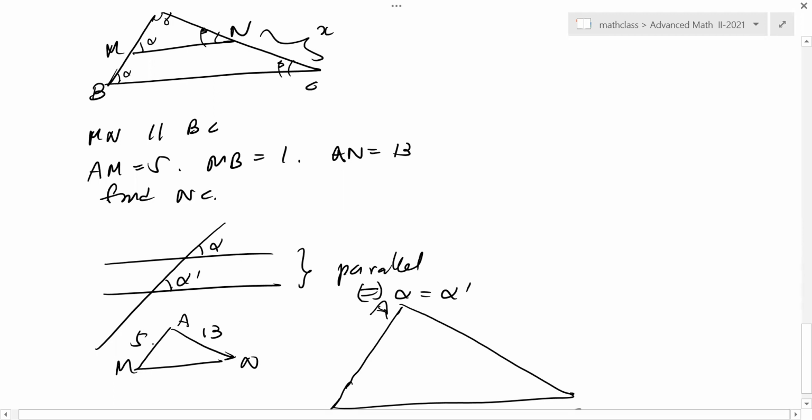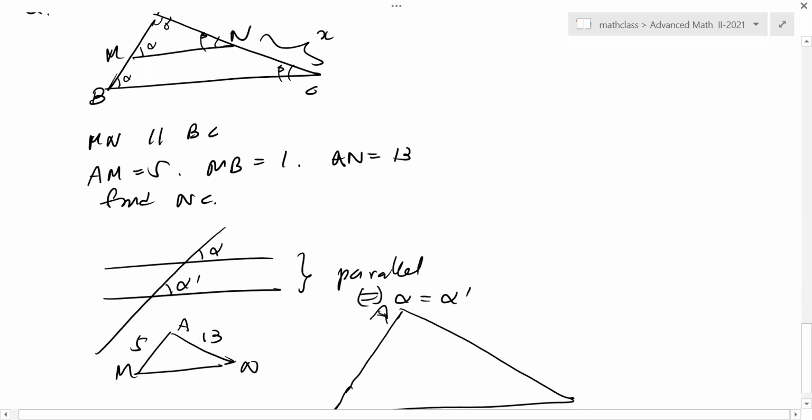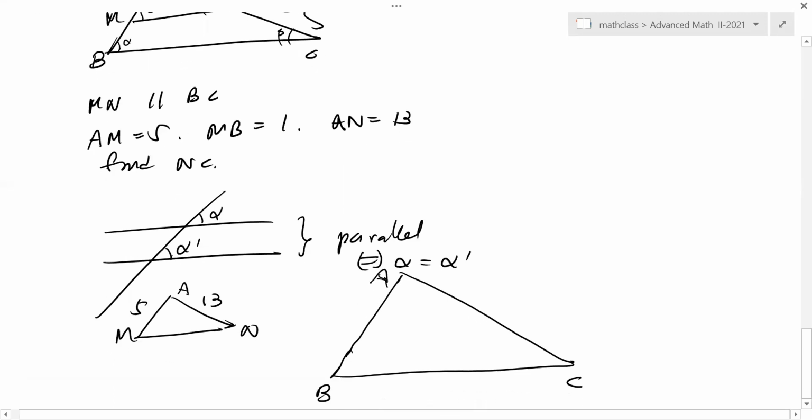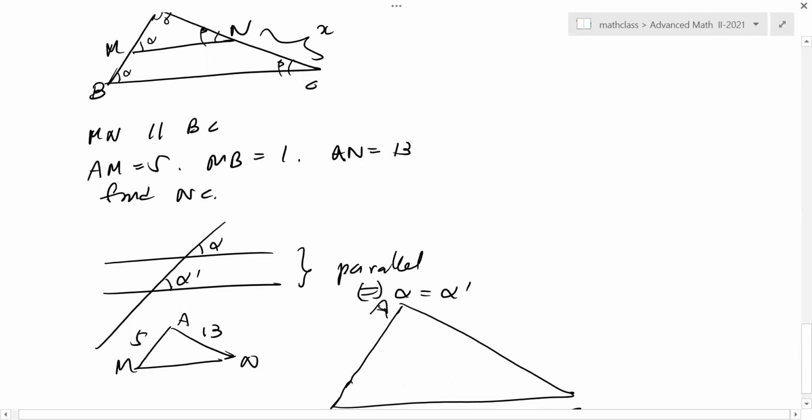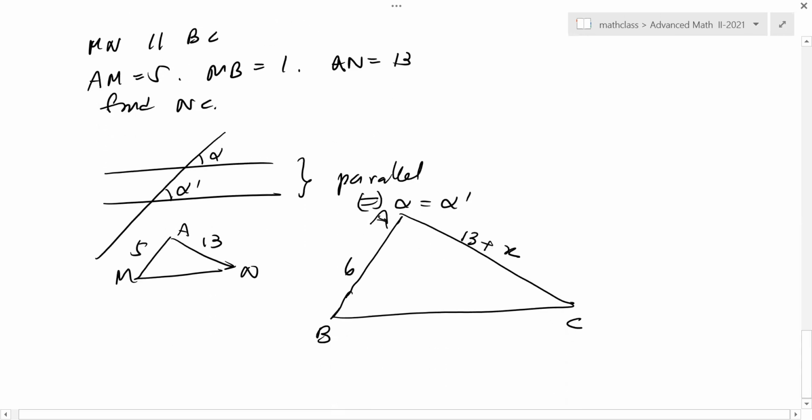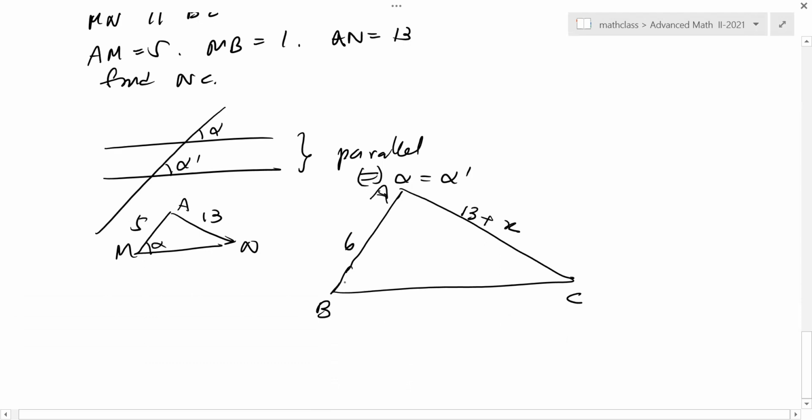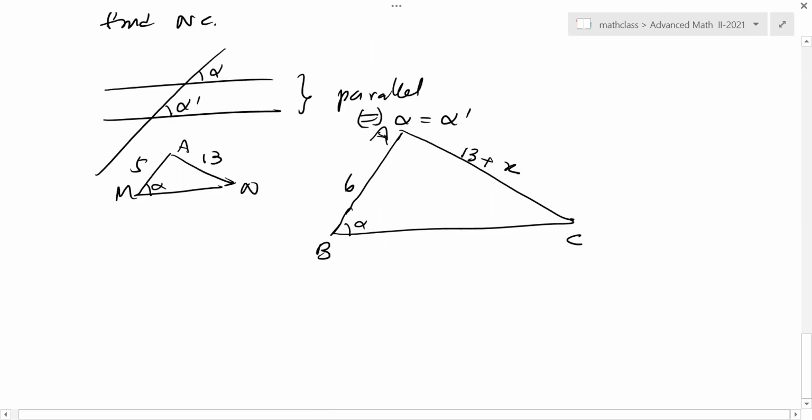Do we also know AB? Yes, AB is AM plus MB, so that means 6. And this side will be AN 13 plus X. So those two triangles are similar, right? Using similarity of triangles, the ratios of the corresponding sides are all equal.